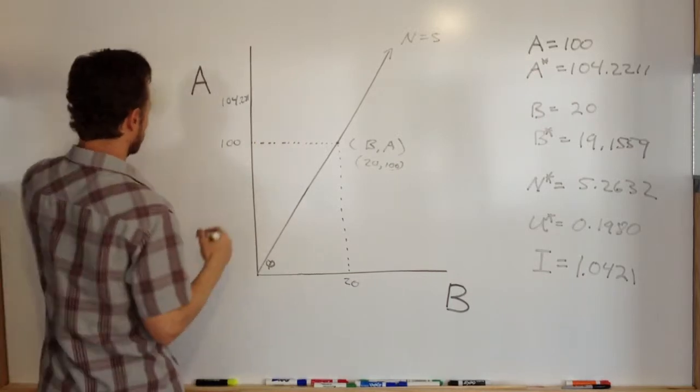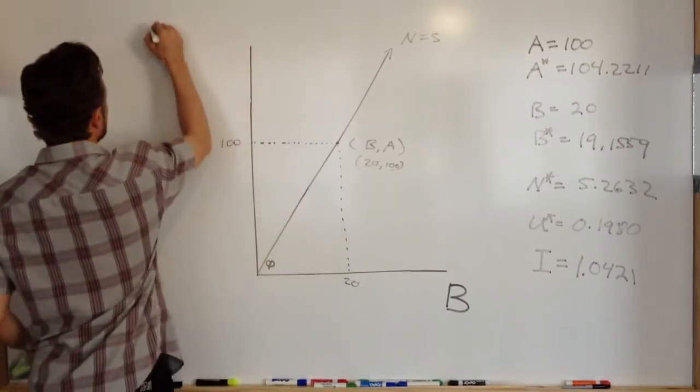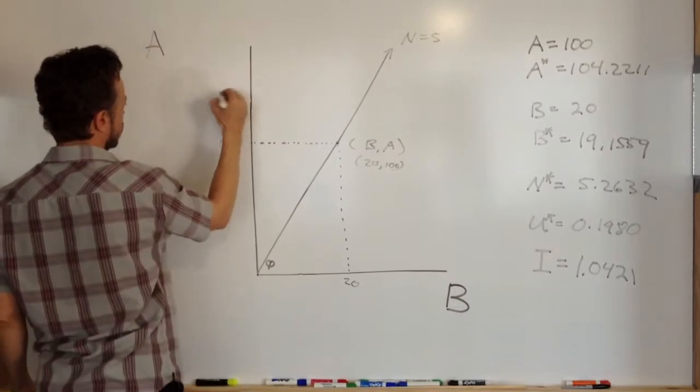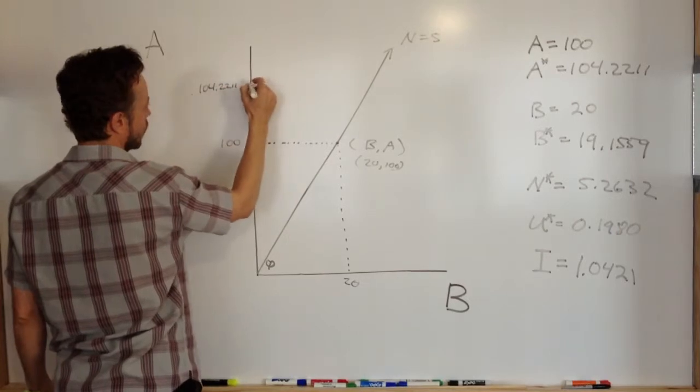Let's go ahead and move this A. Actually, let's just do this, give us a little more room here. This is A. And so this point was 104.2211. We'll have it go like this.